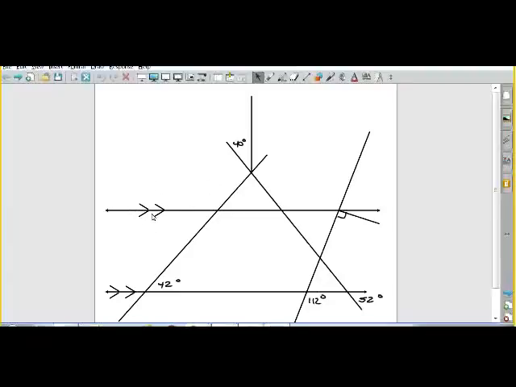My cursor's acting weird here. It's like it's drunk. Okay, I think it's finally found itself there. Okay, so let's go ahead and fill in. We can fill in all of these angles. Hold on just a second.